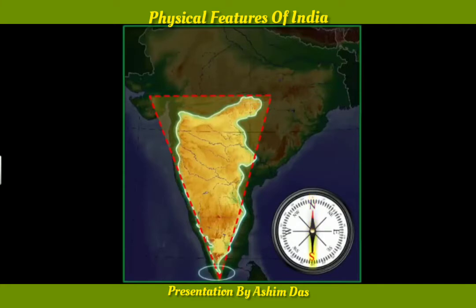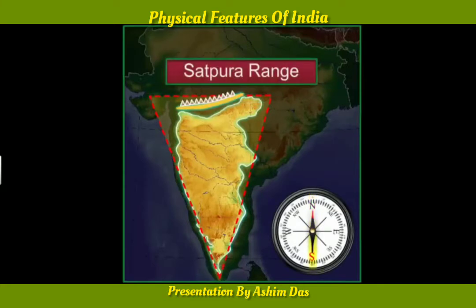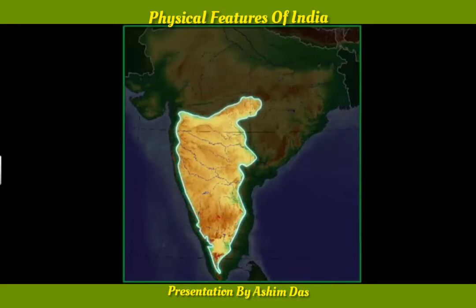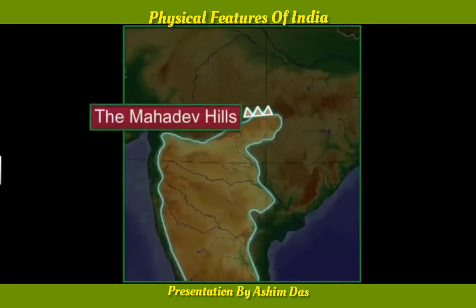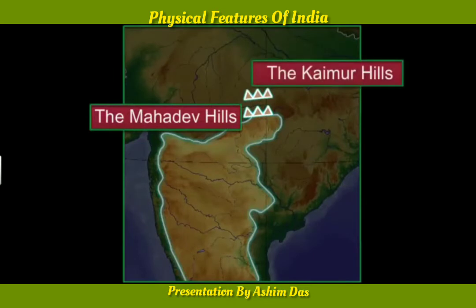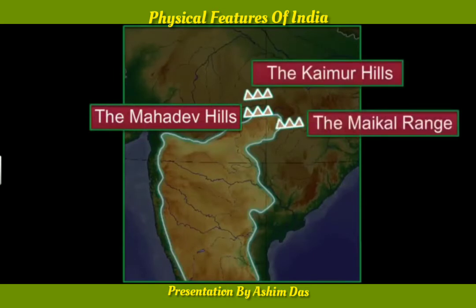The Satpura range borders this base in the north. On its eastern side, it has the Mahadev Hills, the Kaimur Hills, and the Maikal Range. The Deccan Plateau is higher in the west and slopes gently eastwards.